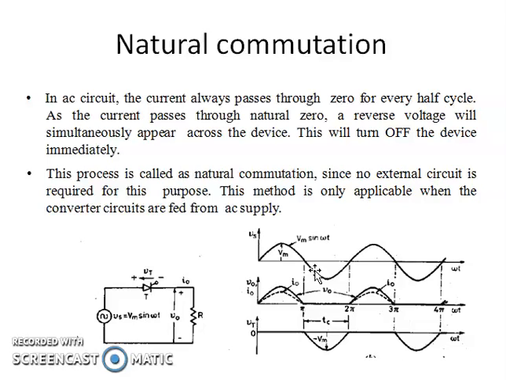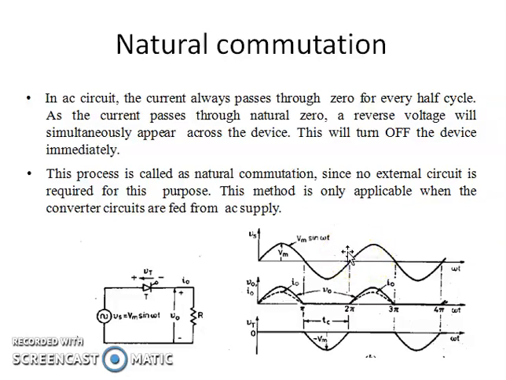In natural commutation, the thyristor is subjected to a negative voltage naturally due to the presence of the input AC signal. Usually this natural commutation is employed only in an AC circuit.